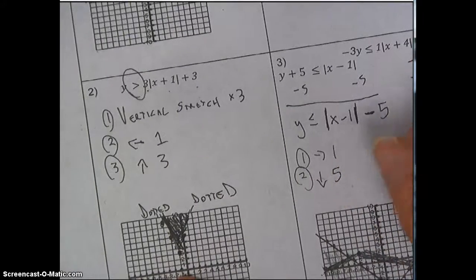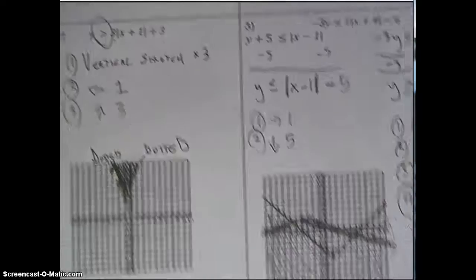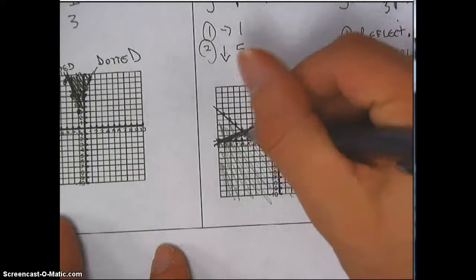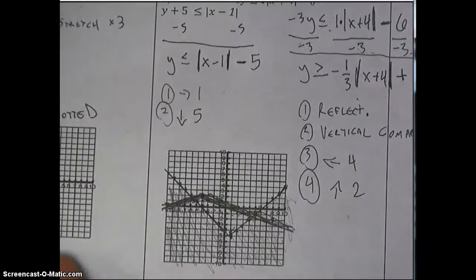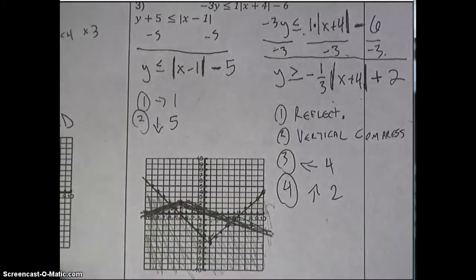Make this one nice and bold so I can tell the difference between the two lines. And now a little bit bolder up here. Now it's y is greater than. So I need to shade above.